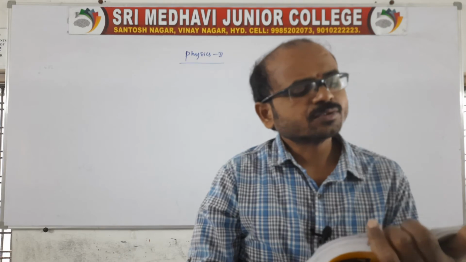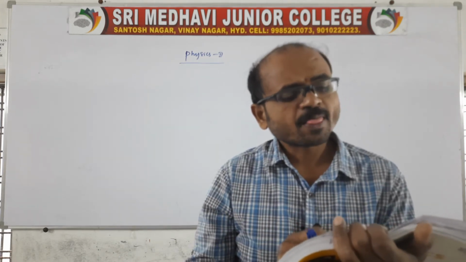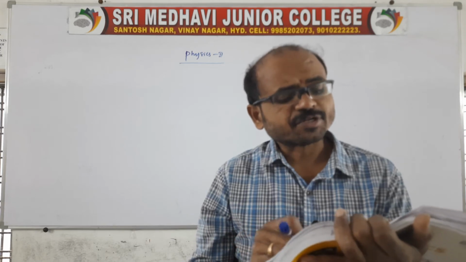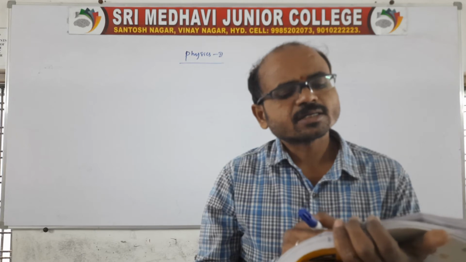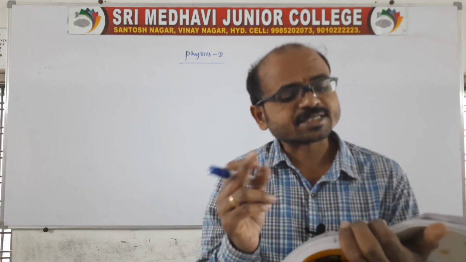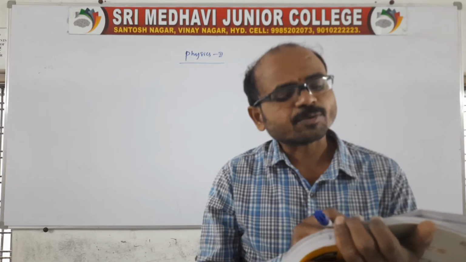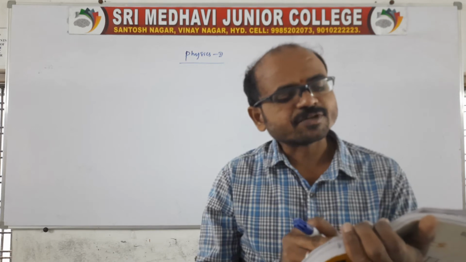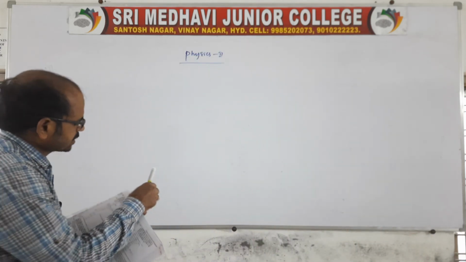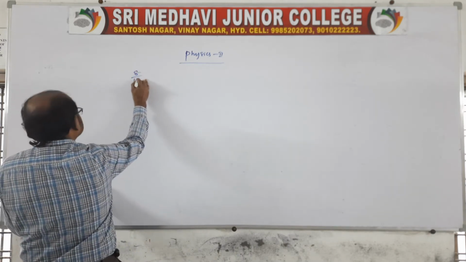This is related to both resistance and resistivity, and it is related to the drift speed also. If the length of the wire conductor is doubled by stretching it while keeping the potential difference constant, by what factor will the drift speed of the electron change? Drift speed is asked.